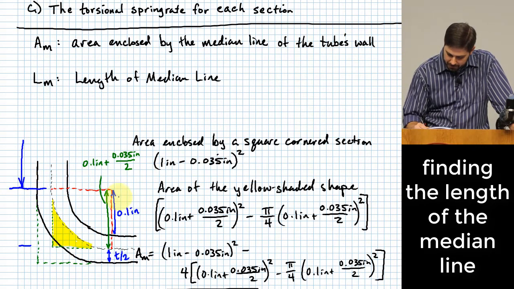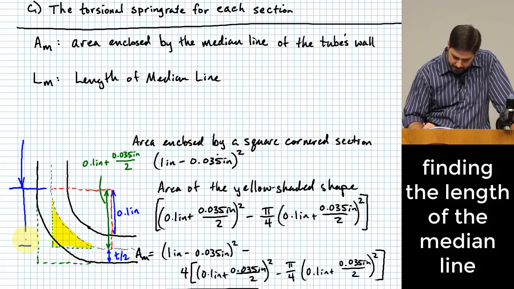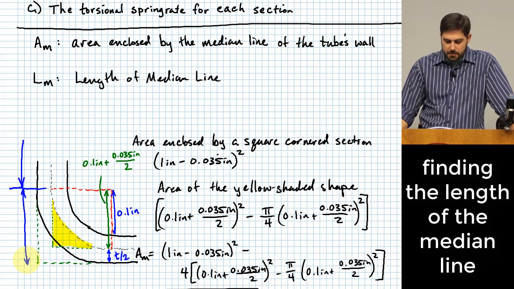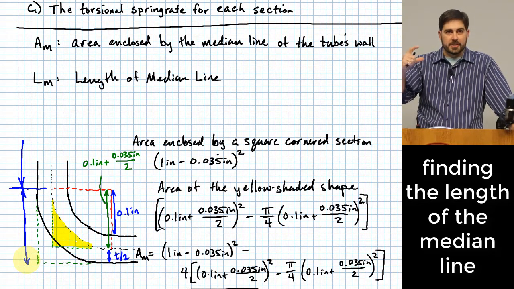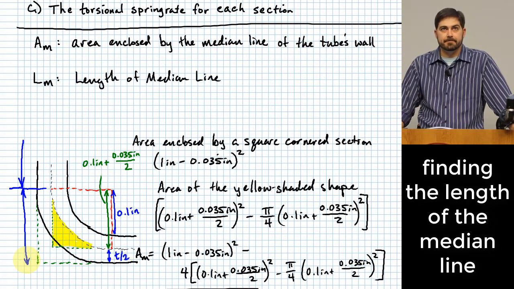So we need to think about how far it is from here down to here, and subtract off 2 times that, subtract off of 1 inch 2 times that length.